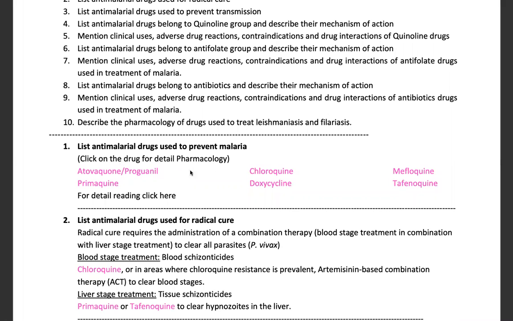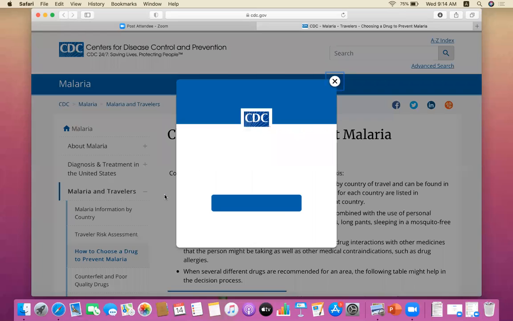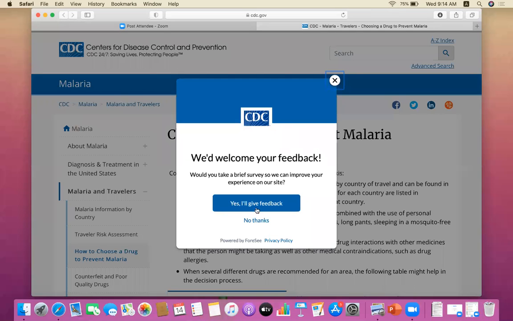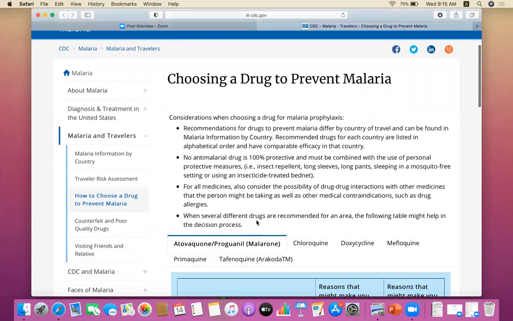Now, why is there prevention? Here again I mention, for detailed reading, click here. If you click here, we will move to the next page, which is provided by the Centers for Disease Control and Prevention, which gives some guidelines for choosing a drug to prevent malaria.